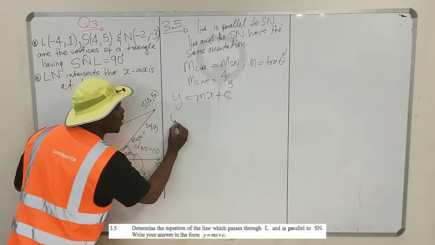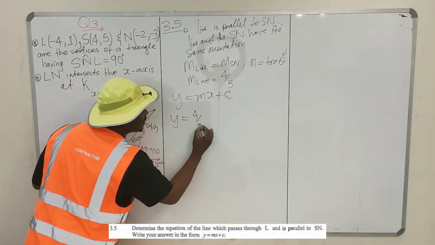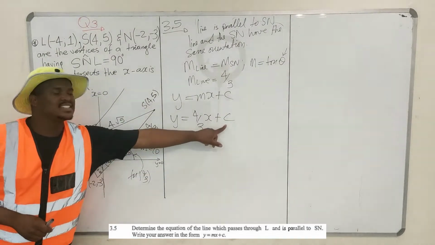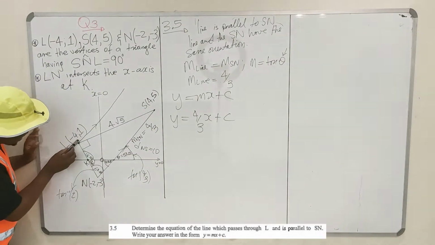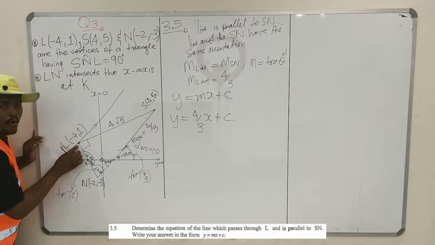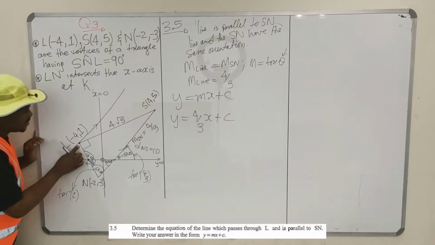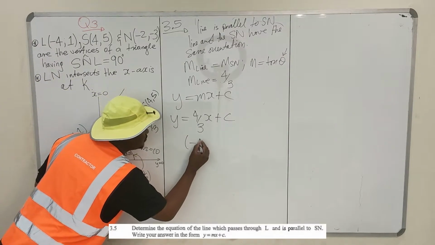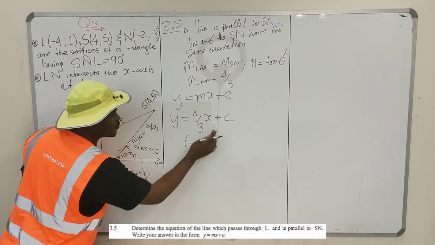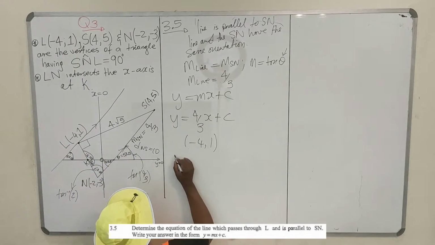You know what m is: y is equal to 4/3x plus c. So the only thing you need is c. You have a point there, and that point is minus 4 and 1. So you can find the value of c.